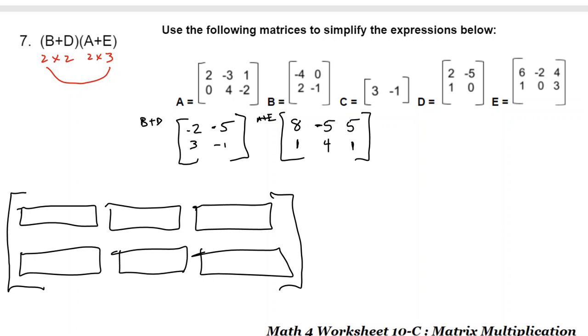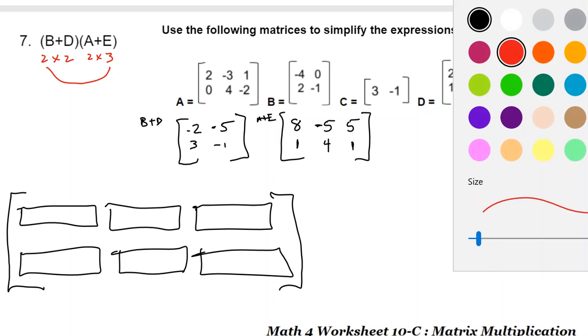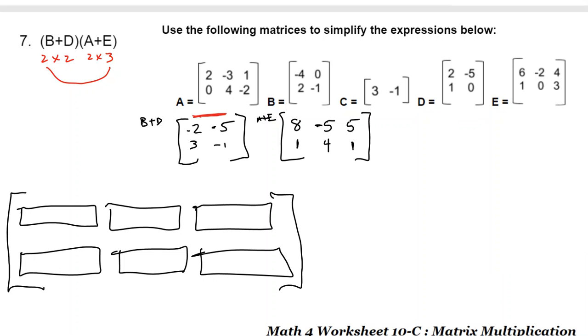Now we can start working on first row, first column. Negative 2 times 8, and negative 5 times 1. And we move it over 1.